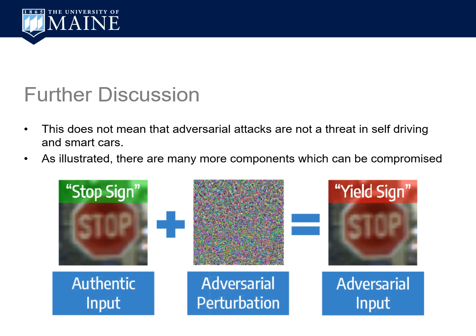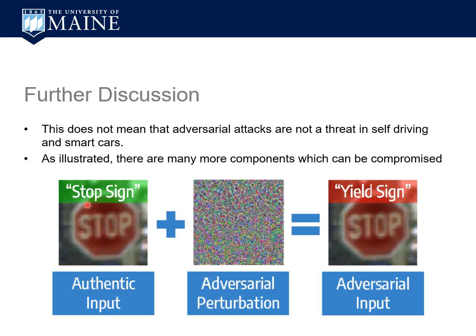So even though this adversarial attack has failed in cross-view geolocalization, there should still be more experiments conducted on adversarial attacks in self-driving and smart cars. Going off online, we find certain examples where we have an authentic input and we add an adversarial perturbation and we get an adversarial input.